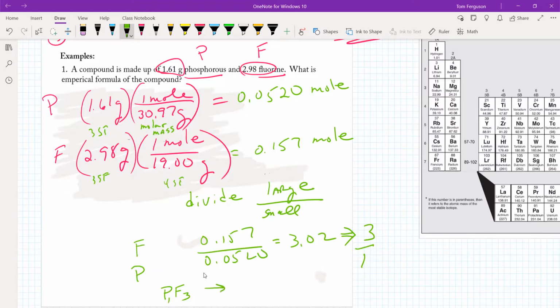And we don't have to write the 1, so it's PF3. Okay, 3 basic steps: convert to moles, get the mole ratio, divide it out, and then convert to integer. And that becomes the subscripts.